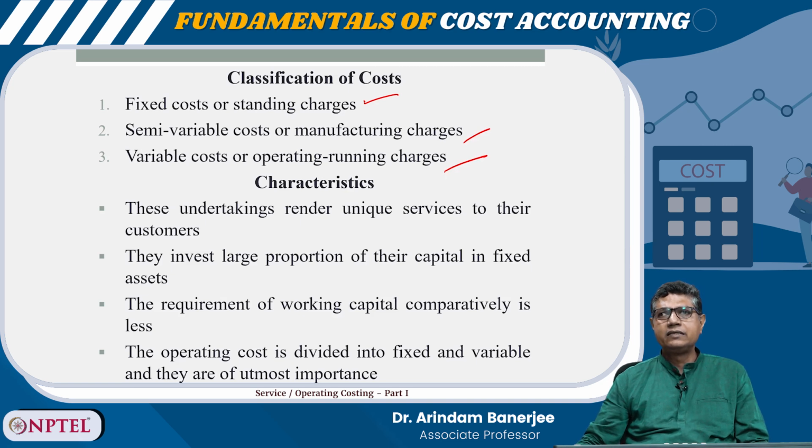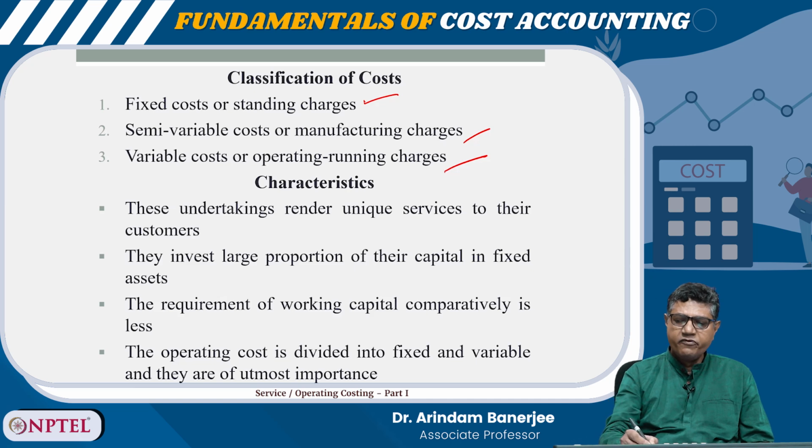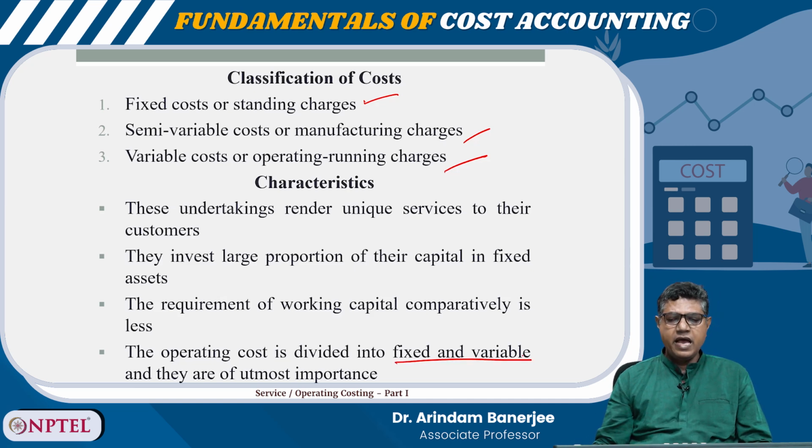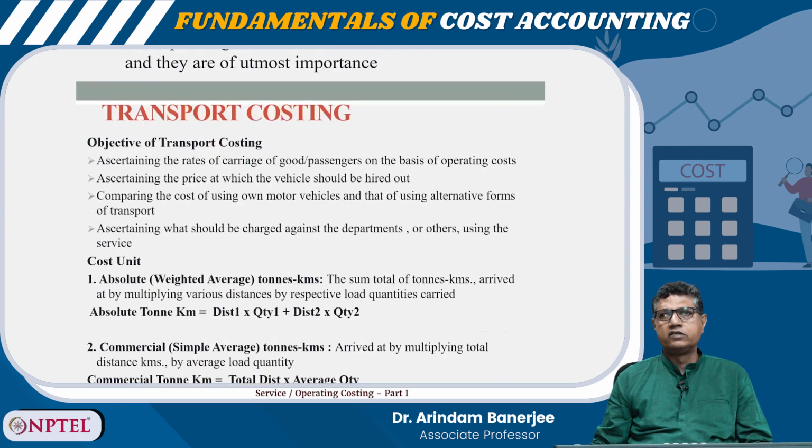Now, what are the characteristics of these costs? These undertakings render unique services to their customers. They invest a large proportion of their capital in fixed assets. The requirement of working capital comparatively is less, and the operating cost is divided into fixed and variable, which are of utmost interest. These are the basic characteristics of service costing or operating costing.